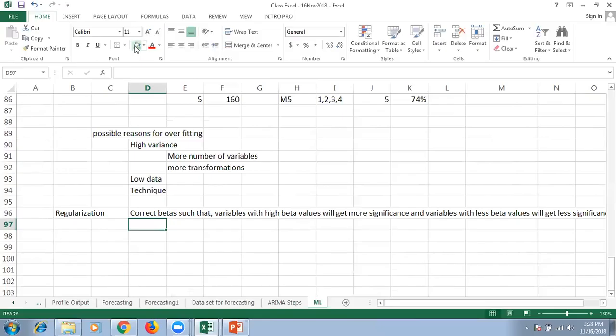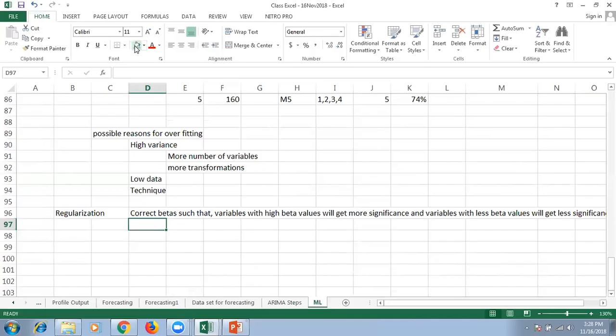When I say thrown away from the model, it means the variable is not getting any importance, so it's not contributing to the model. So we are automatically removing the variables. That removal of variables automatically reduces the variance in the data. High significance is highly correlated with the target, is that what it means?